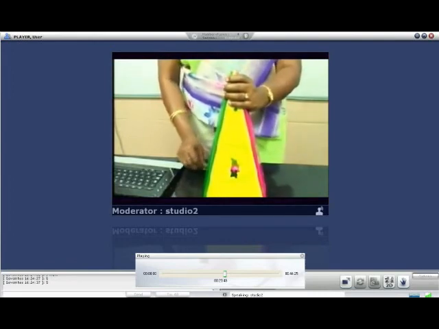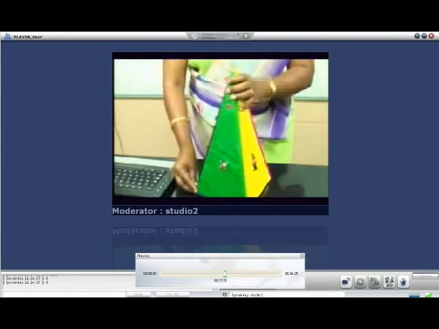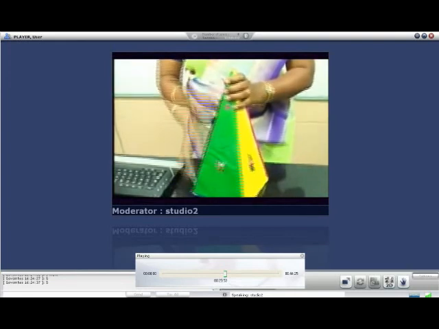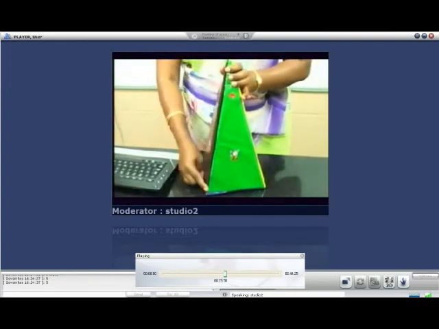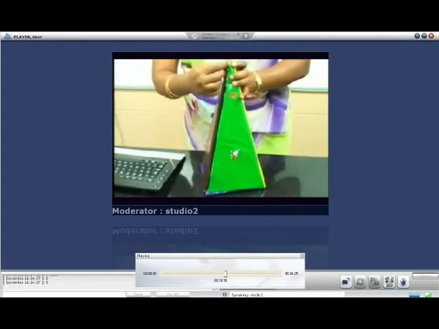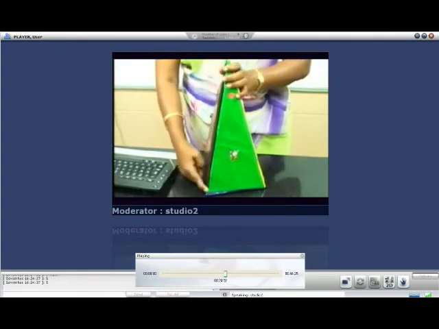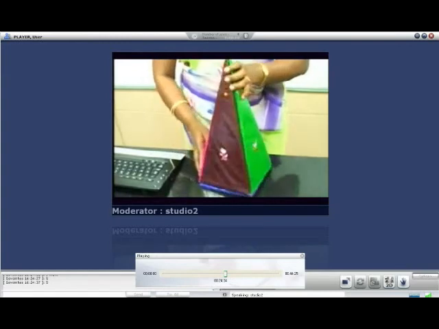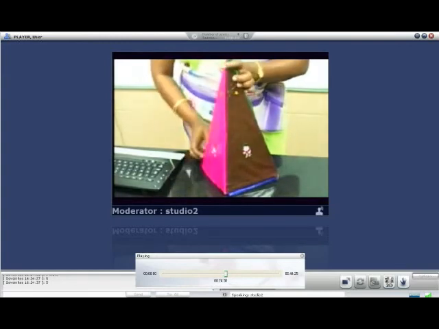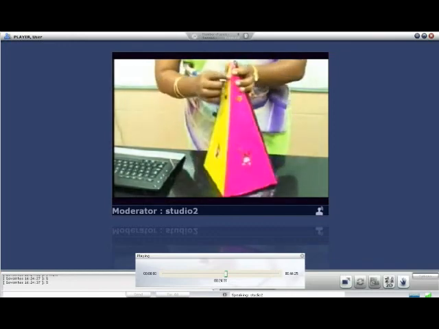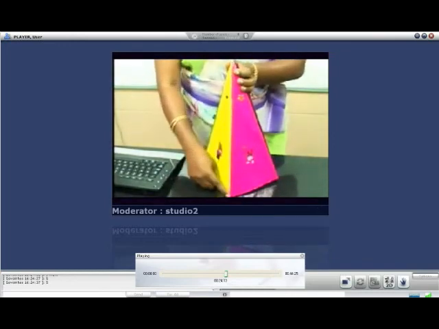So how to count the number of edges? I will start with the green parts. So this is my first edge. Count the number of edges. This is my first edge. And here I have my second edge. And here I have my third edge.